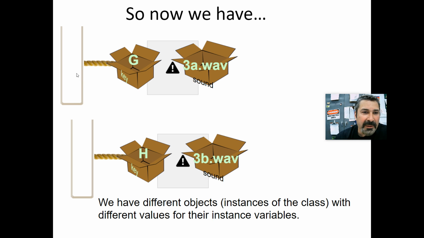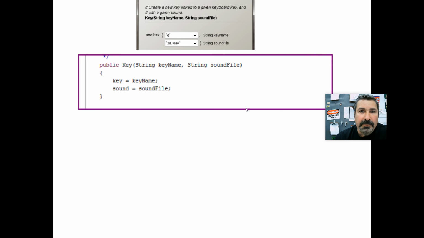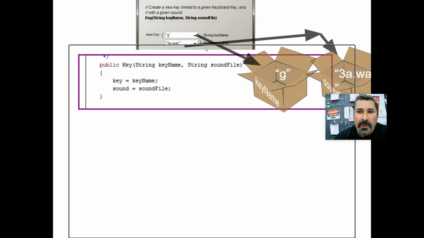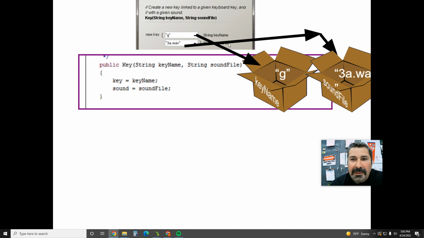So even though they're made with the same class, this one has different information in its instance variables, right? Because whenever you do this, new key G, that goes into key name, and that goes directly into sound file, right? So it goes right into key name, right into sound file.